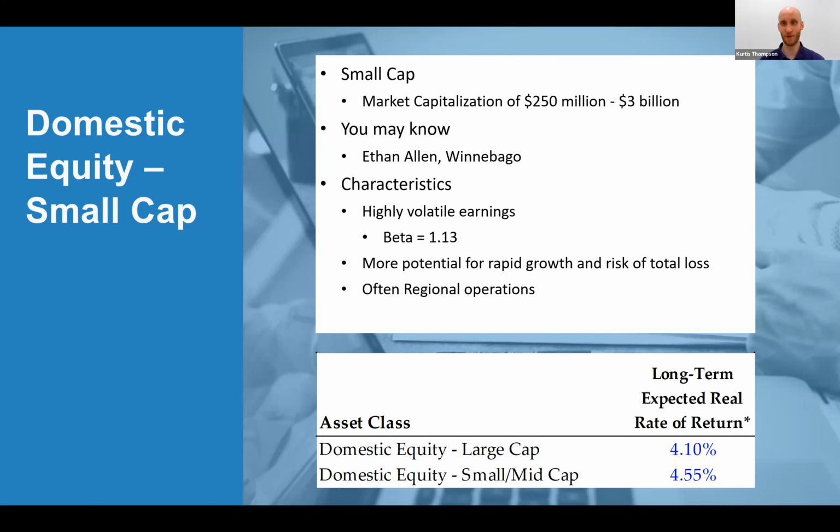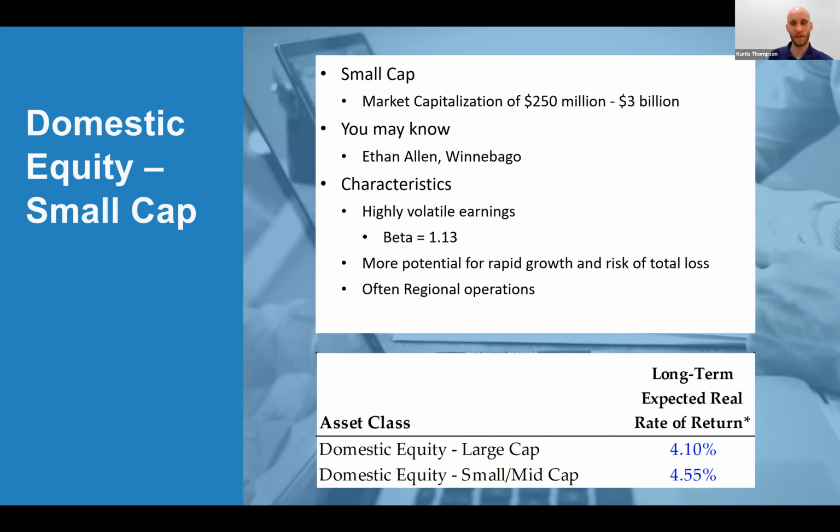It might not be something that you can get everywhere. It might be a Northeast thing, and that's why we know Ethan Allen, because it's a Northeast thing. It might be a little bit more of a niche thing, and so there's a little bit more opportunity for some of these companies to grow even within the United States, to grow their operations from one region to another.